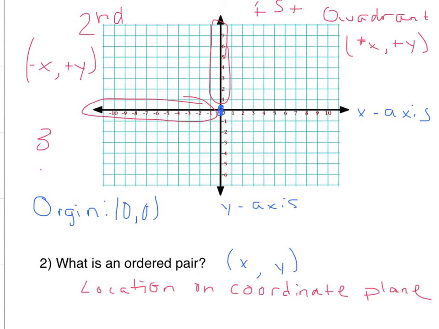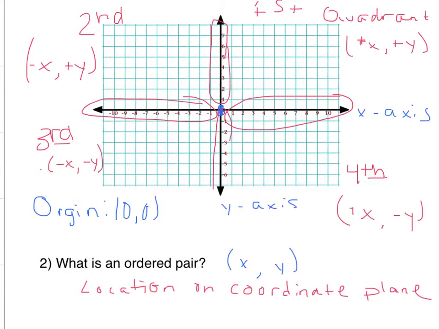In the third quadrant, we will have negative x, negative y. And the fourth quadrant, we will have a positive x, as you can see right here, and a negative y. So looking at the ordered pairs we can get an idea of where they're going to be when we plot them.